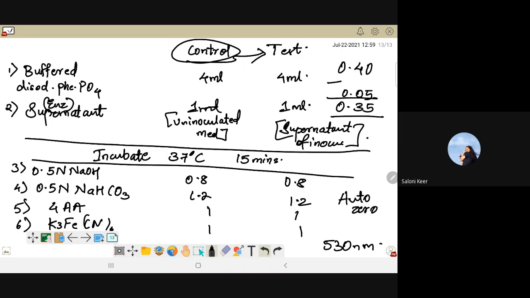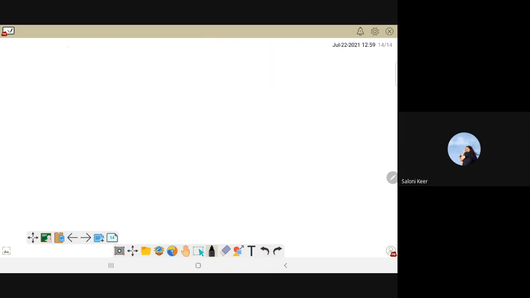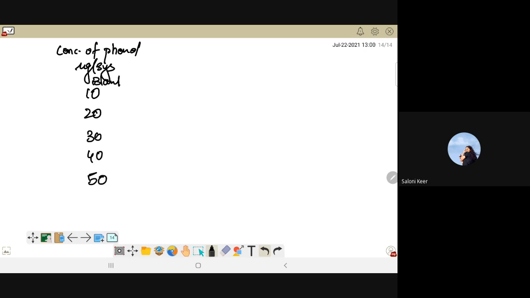Okay? So I'm going to give you some dummy values. I have concentration of phenol in microgram per system, which is 10, 20, 30, 40, 50. Blank, I'm considering that at 530 nanometers, I have got it as 0, 0. And for the rest, I will give you the values now.